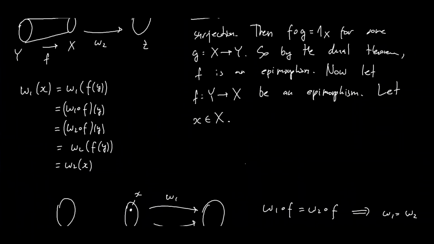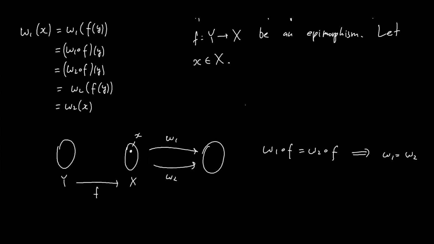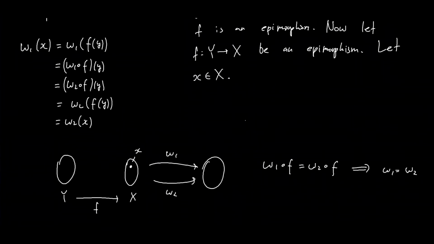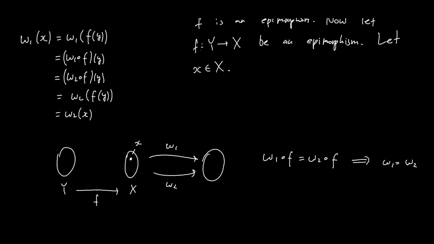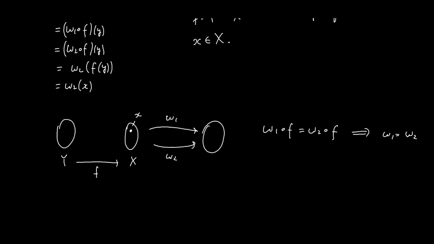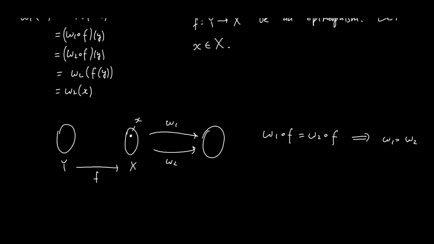So we were at the stage where we were considering a function f that's an epimorphism, which means that with every such diagram, this equality implies the other one, and we wanted to show that such f will be a surjective function.